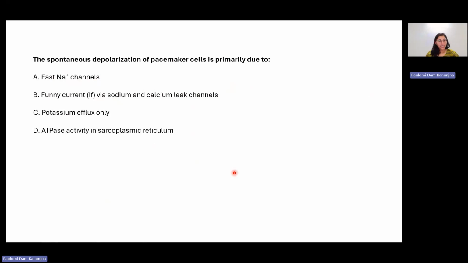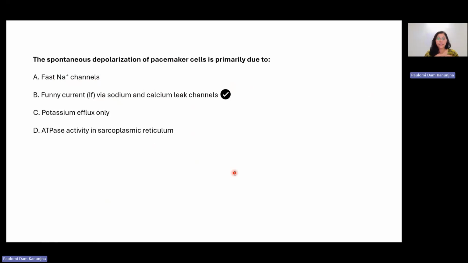Right. So now that I've explained to you, this spontaneous depolarization of pacemaker cells would be primarily due to the funny current, which is via sodium, as we've discussed, and calcium leak channels. Leak channels basically means that they are continuously moving in and out, right?